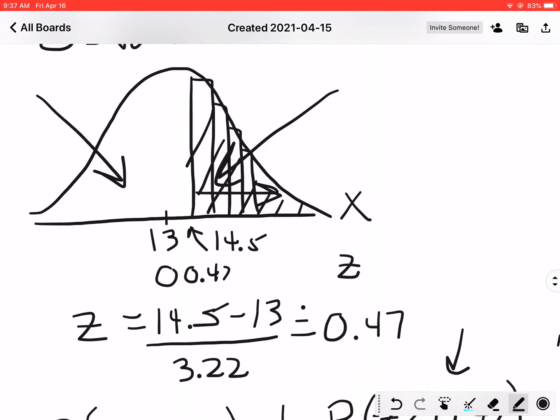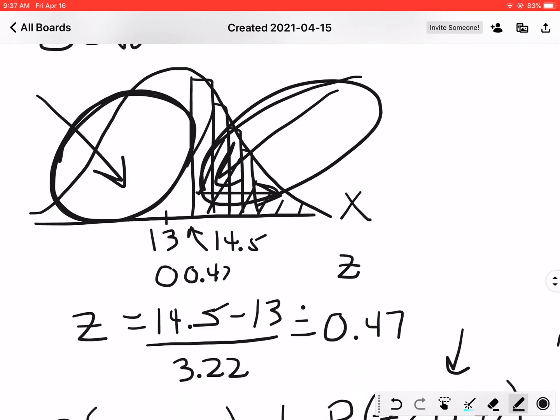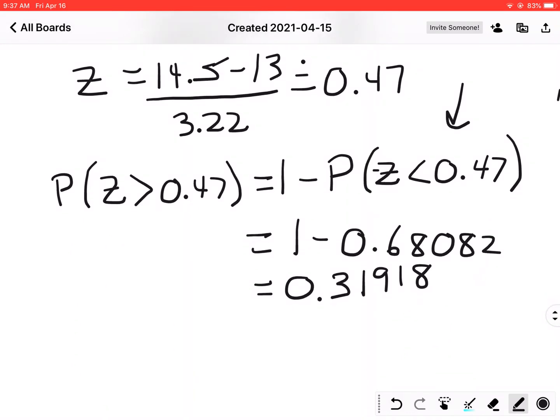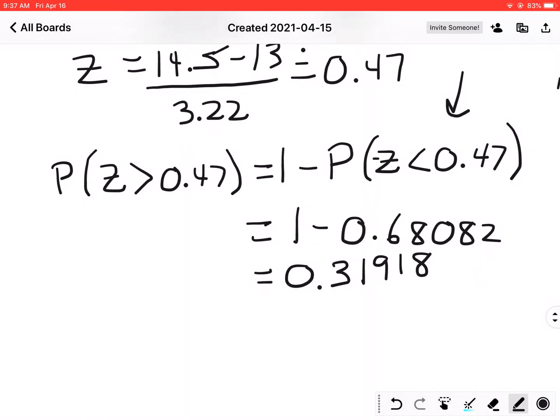It makes sense that in here would be 60-something%, and the area that we want over here would be 30-something%. So do look back at your diagrams to make sure that what you're doing and what I'm asking makes sense.